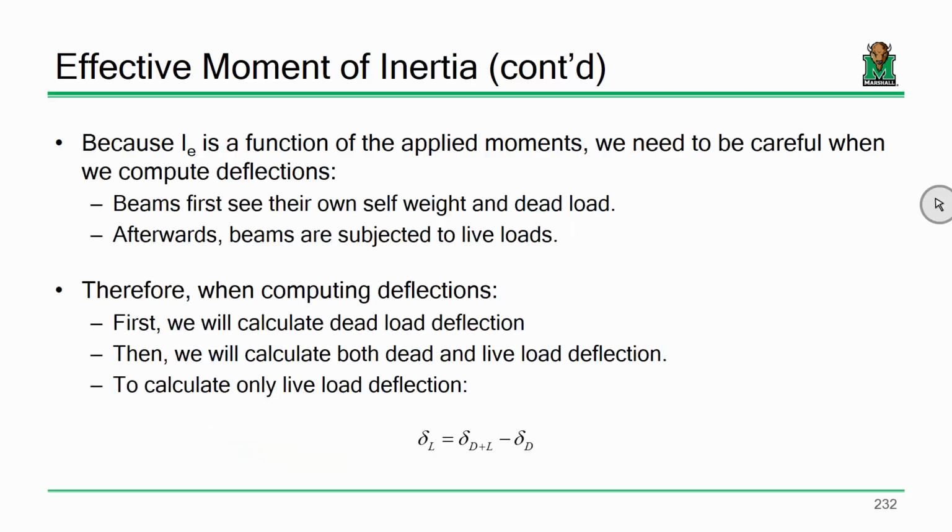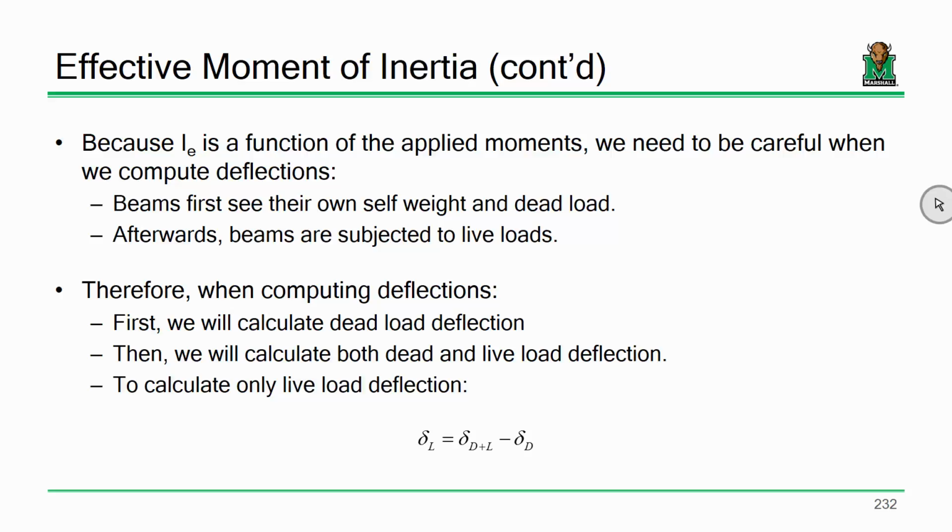It's plug and chug. What really gets to be an issue is staged construction, because you can't just compute dead load deflection or live load deflection or each of these individual responses. You have to track the loads as they progress on the beam. Stage one, you take the beam, you set it on the supports. It's being subjected to only its dead load so you can compute that deflection.